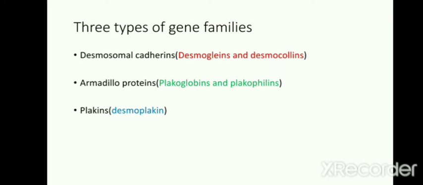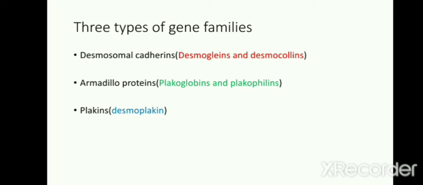Three types of gene families are present: desmosomal cadherins, which include desmogleins and desmocollins; armadillo proteins, which include plakoglobin and plakophilins; and plakins, which include desmoplakin.